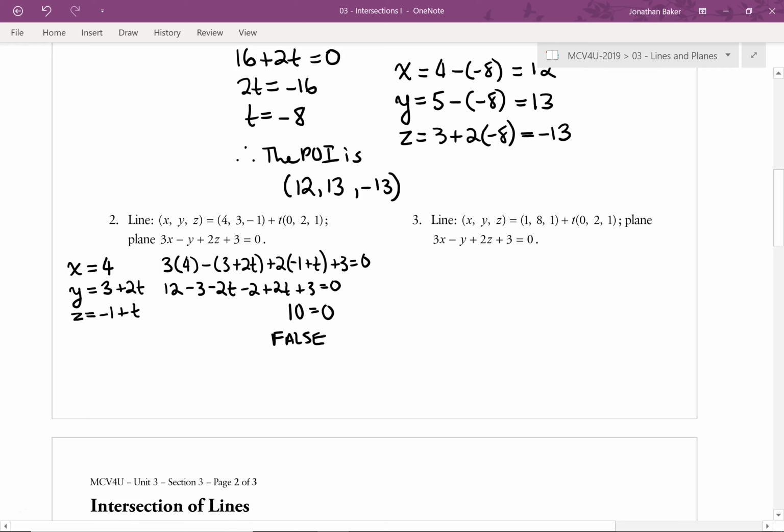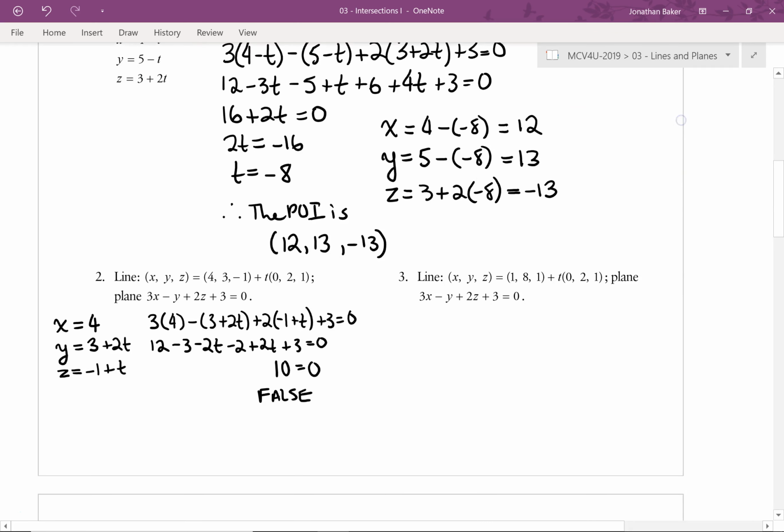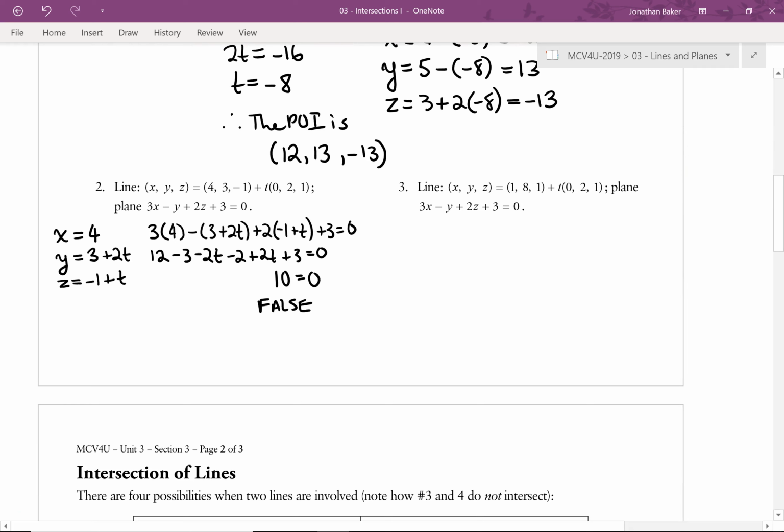And if you get a false statement once you plug this in, what that means is there's no value of t that could ever satisfy this plane, x, y, and z. And we have this situation here, case 2, where this line is parallel to, but not on the plane. So we can go ahead and say, therefore, no intersection. And we could even be more specific.